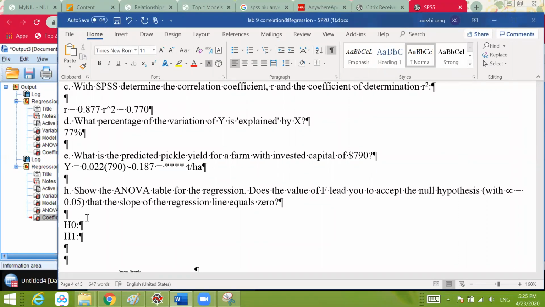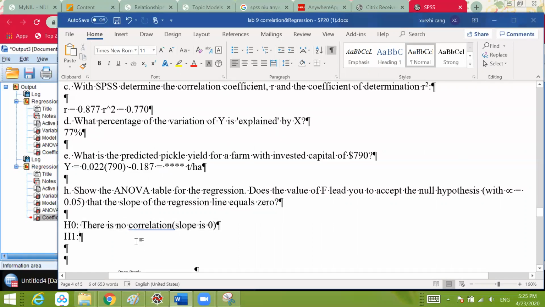The null hypothesis is there is no correlation, which means the slope is 0. Then the alternative hypothesis: there is a correlation, which means the slope is not 0.